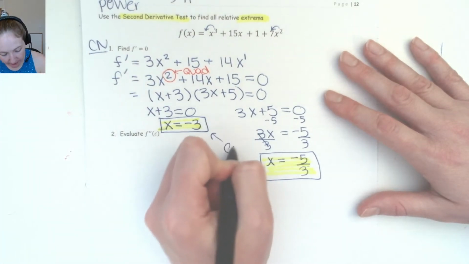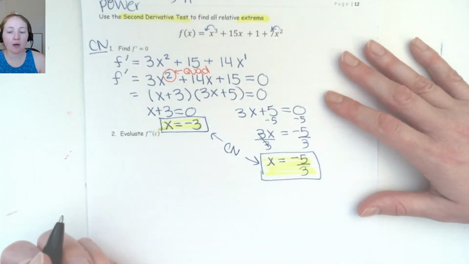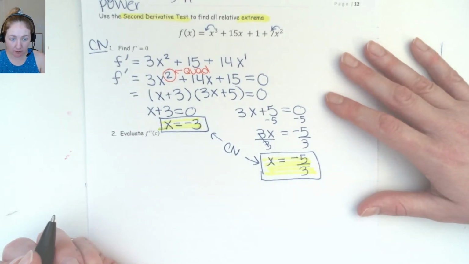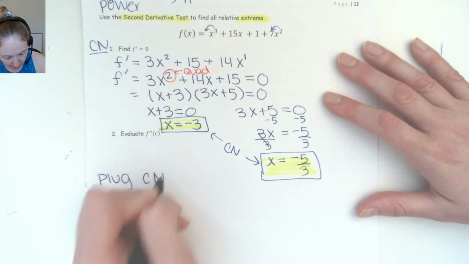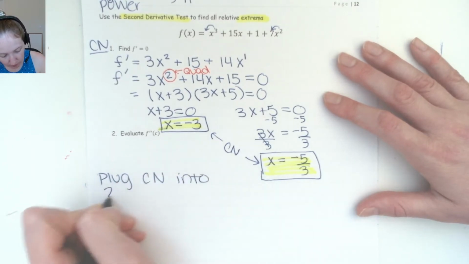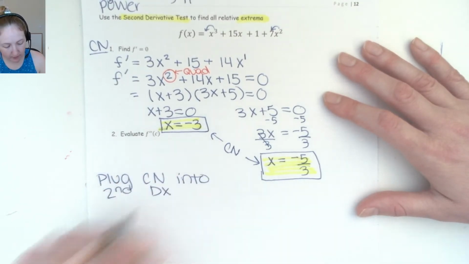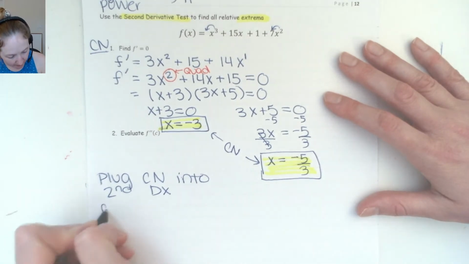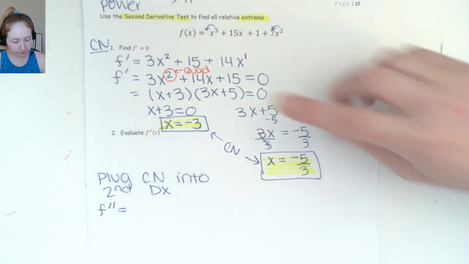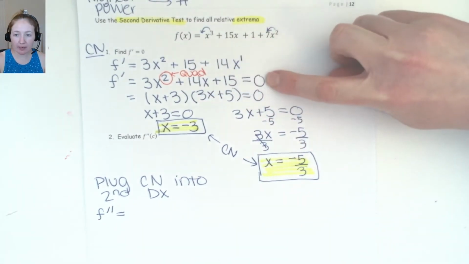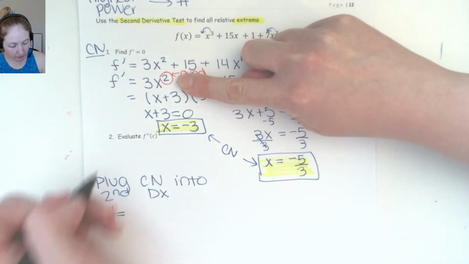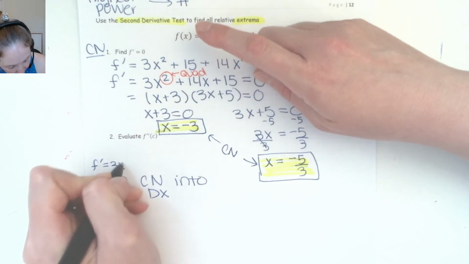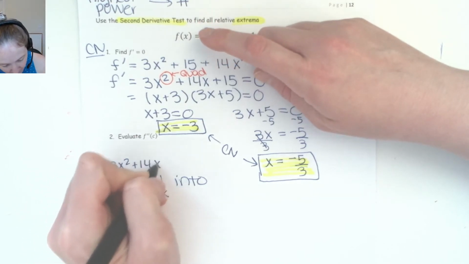Now, because they are critical numbers and because we're using the second derivative test, we are going to plug the critical numbers into the second derivative. So I take my second derivative, again, going back to right where I was setting it equal to 0. I have 3x squared plus 14x plus 15.